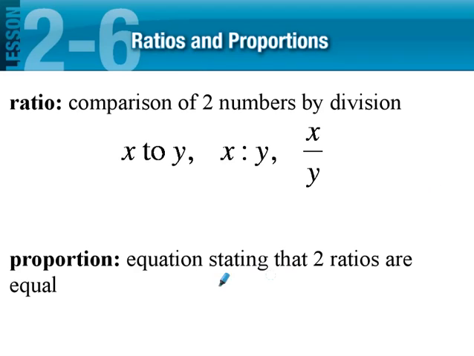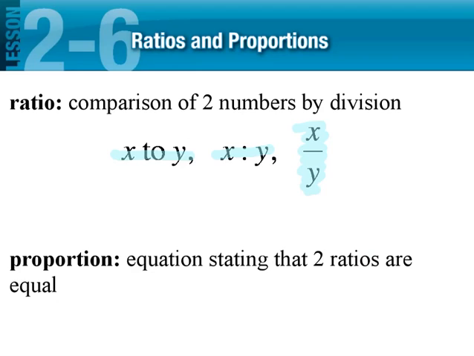The first way is we can actually use words and we just do x to y. The second way is instead of doing the word "to," we do a colon. So we just do x colon y. And then the final way is a fraction, because a ratio is nothing more than a fraction, x over y. So those are the three ways that we can write a ratio.